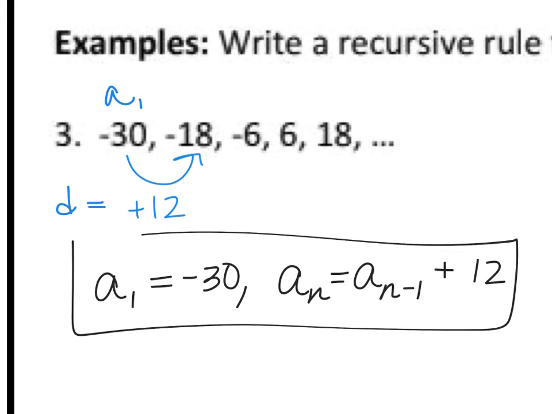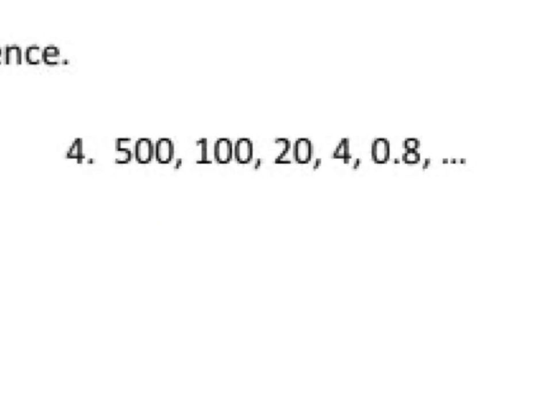This is a recursive rule. Notice how it's got a bunch of weird ends. It still has that in there because it's like you're explaining to someone how you would get it. I'm literally only replacing A1 with the first term and the common difference. That's it. I told you this yesterday.